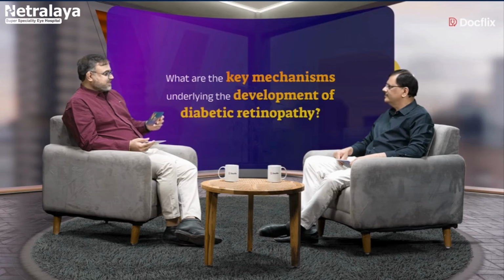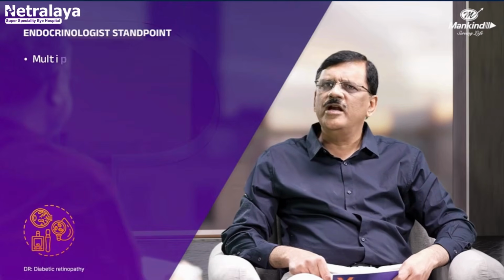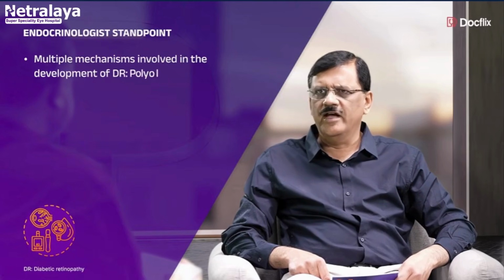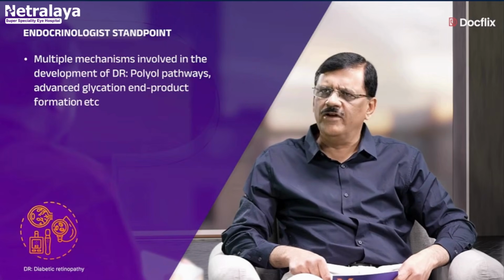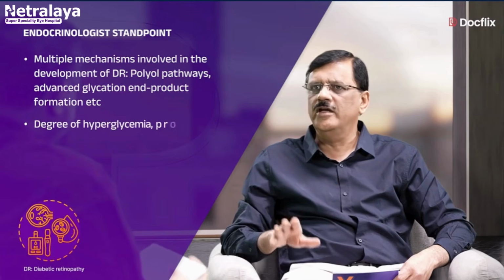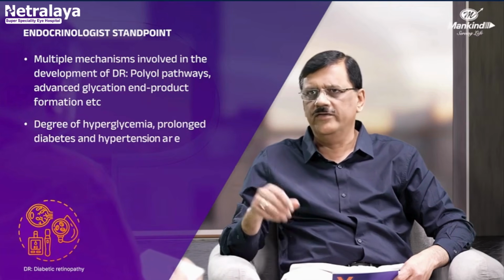So let's discuss the underlying mechanism of diabetic retinopathy. Well, Dr. Parth, there are multiple mechanisms. One is the advanced glycation pathway, the polyol pathway, and several other mechanisms. But let us not go into the pathophysiology, but what are the important things which cause diabetic retinopathy? The most important is the degree of hyperglycemia or the degree of glycemic control.